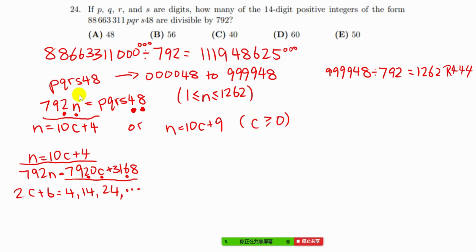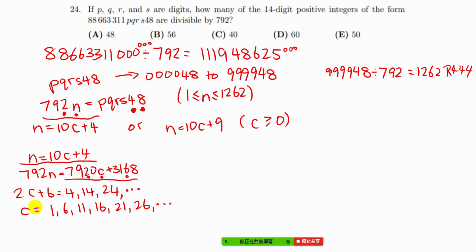Okay, so 2c plus 6 equals 4, 14, 24, and so on. This means that c would equal 1, 6, 11, 16, 21, 26, and so on.